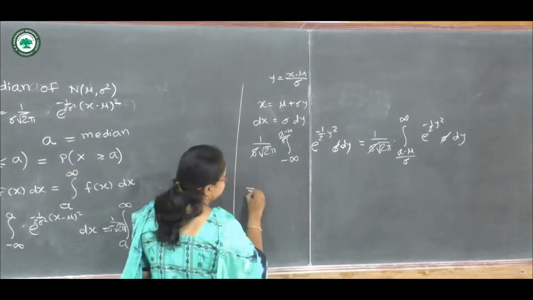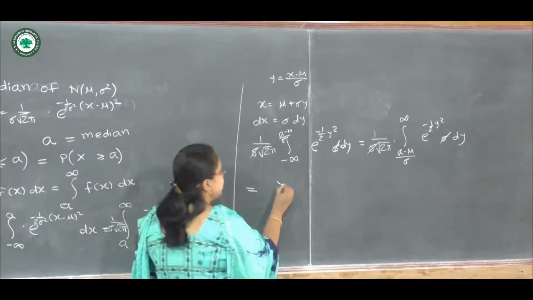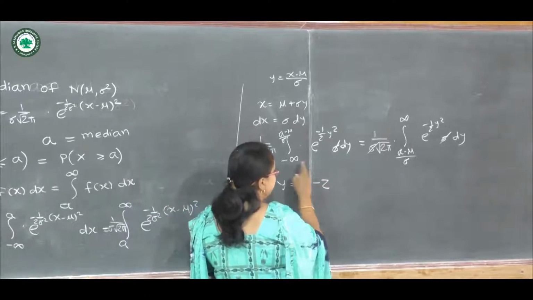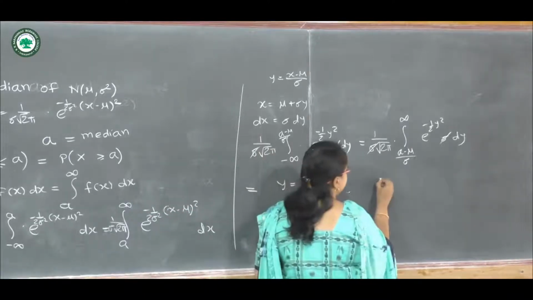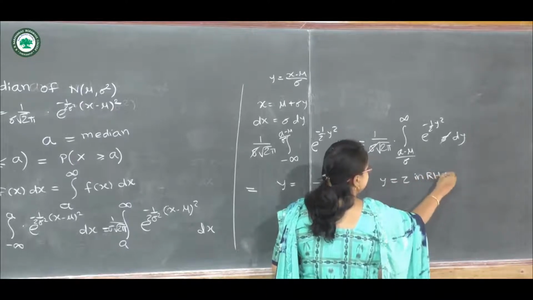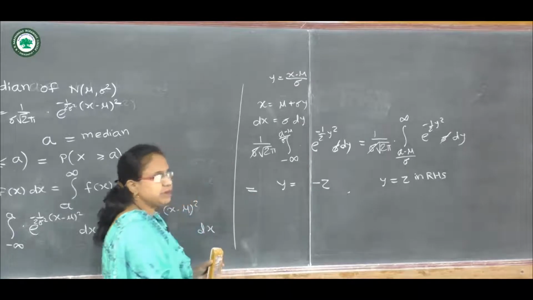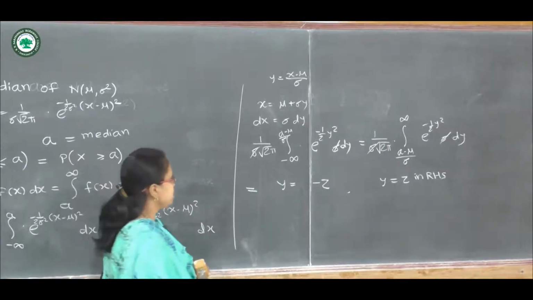Then further we will substitute y equals minus z in the LHS and y equals z in the RHS of the above term. So this is the substitution which will make the change in range also.